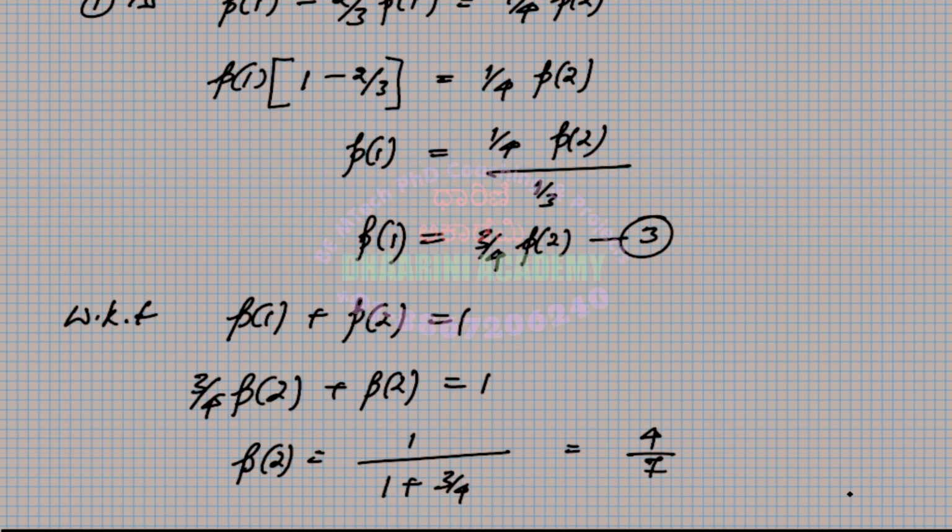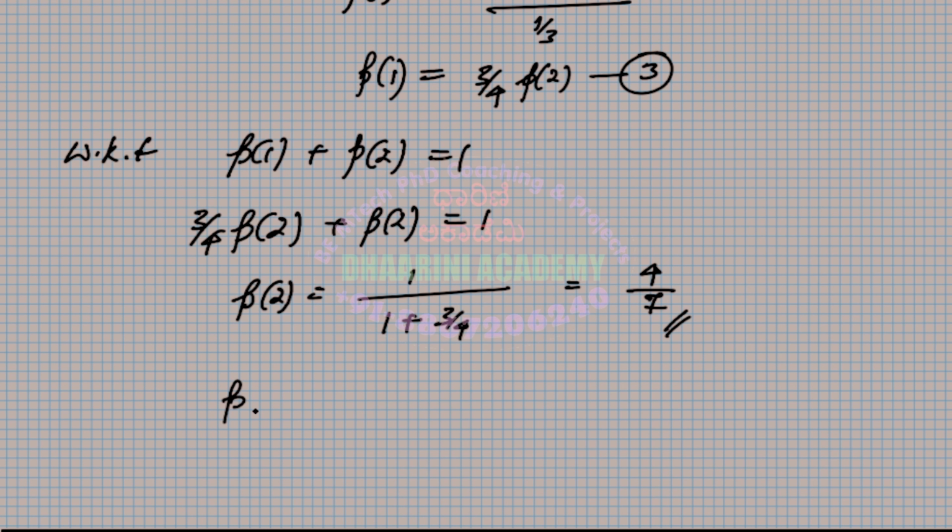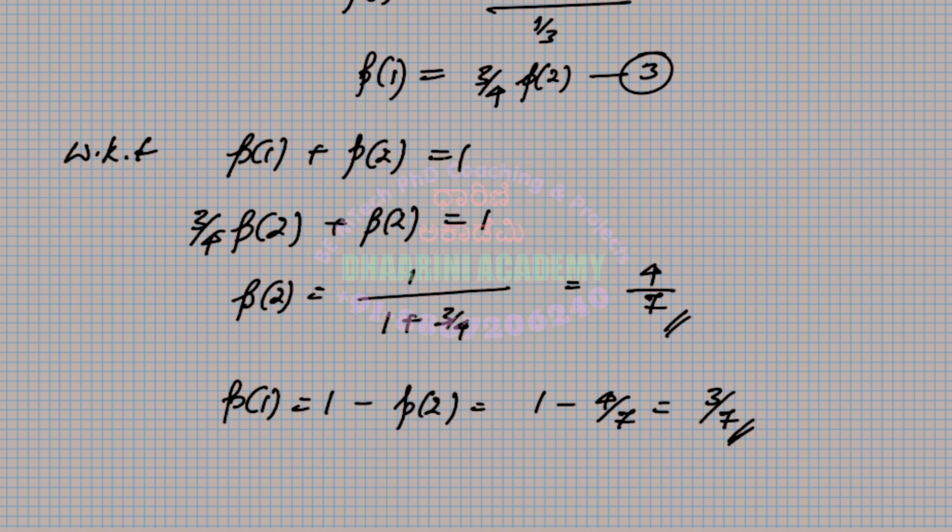This is 4 by 7. That is P of 2. When you know P of 2, therefore P of 1 is equal to 1 minus P of 2, so 1 minus 4 by 7. 7 minus 4 is equal to 3. So we got the answer for P of 1, that is 3 by 7. P of 1 is 3 by 7, P of 2 is equal to 4 by 7. We got it.